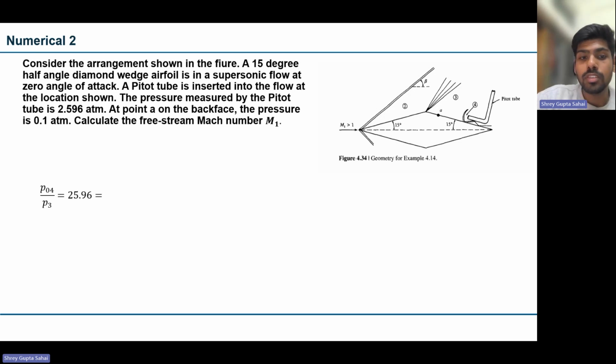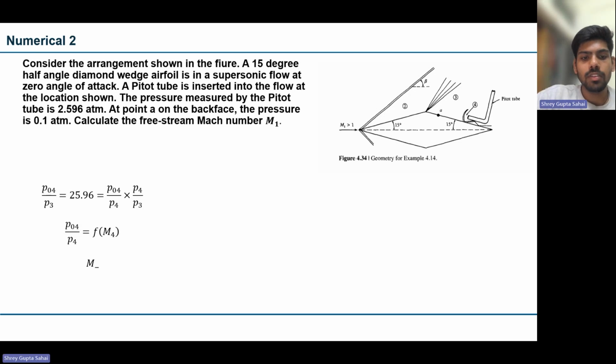And what is that value? So we will first see P naught 4 by P4 times P4 by P3. Right now, you see P naught 4 by P4 is a function of M4.